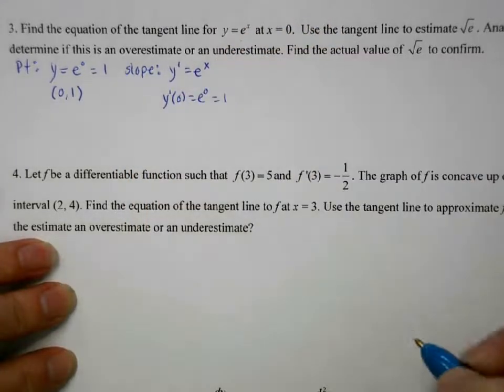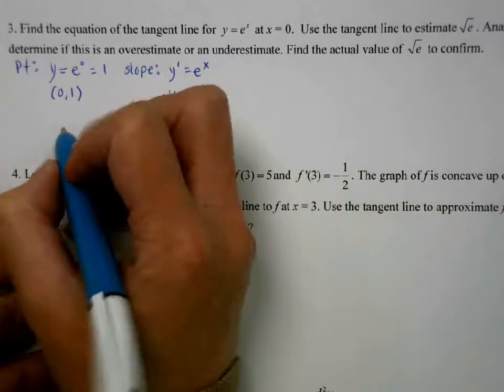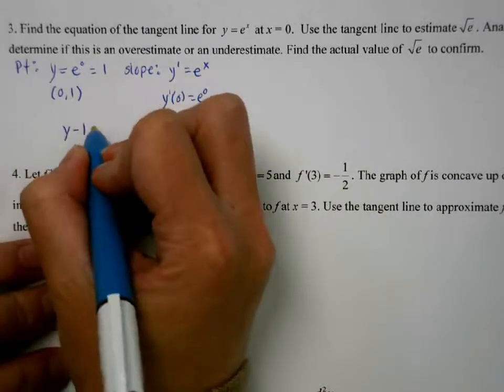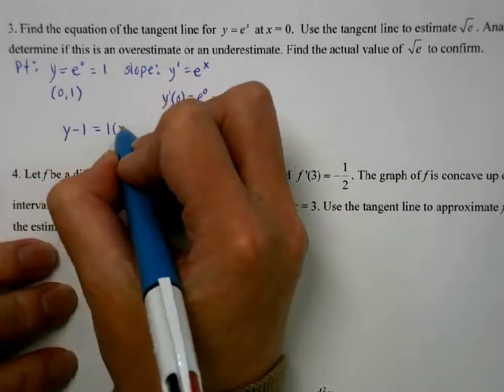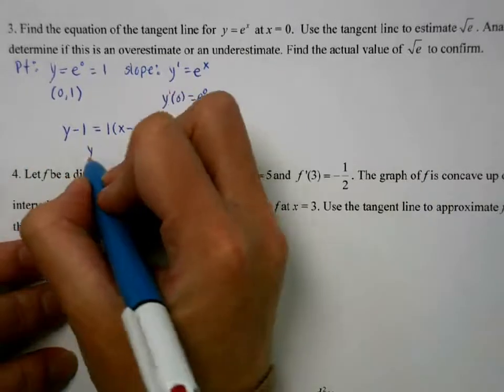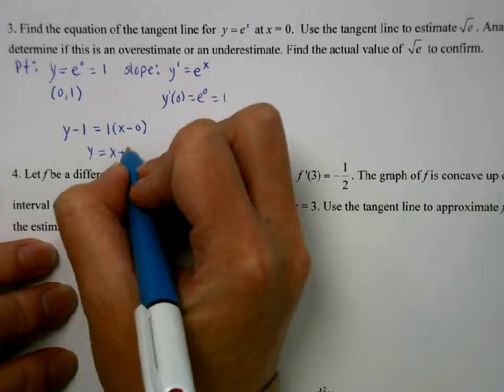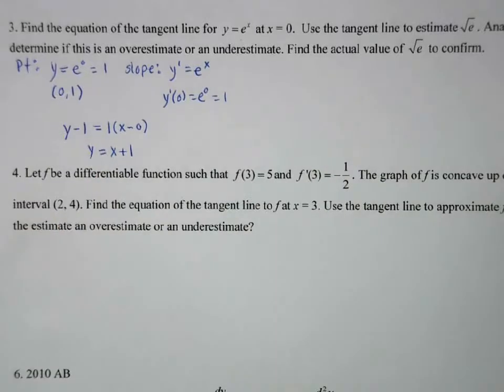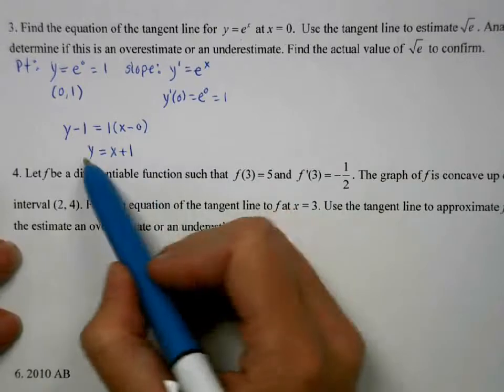So my tangent line is going to be y minus 1 equals 1 times (x minus 0). So if I simplify this, that's going to be y equals x plus 1. So on e to the x for values close to 0, I can use this equation.